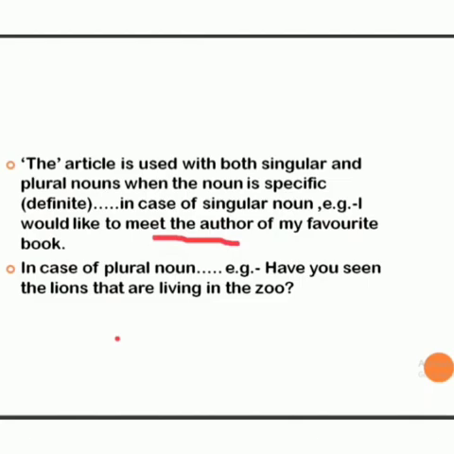Next point you see, in case of plural noun, for example, here also you see the example properly. Have you seen the lions that are living in the zoo? So here you see lions, here is plural. There also the is used. So children, one thing you remember always, both in singular and plural nouns, the can be used when the noun is specific or definite.